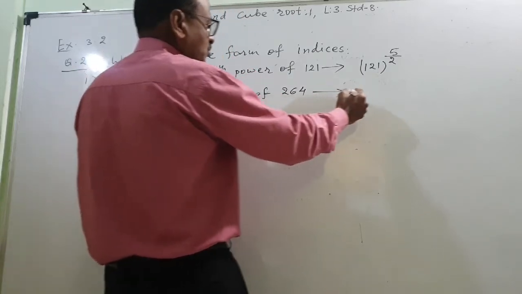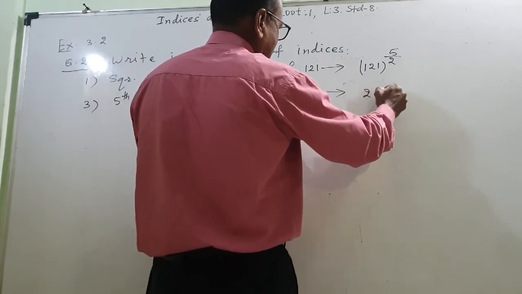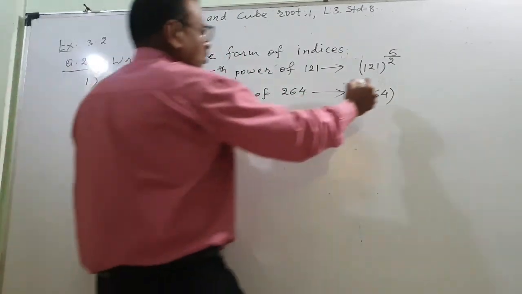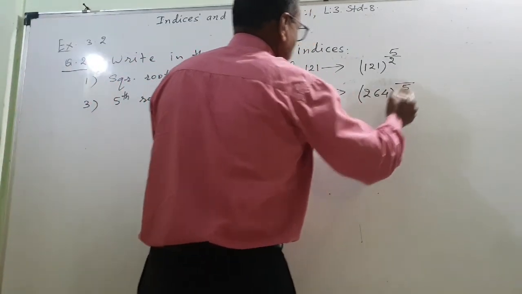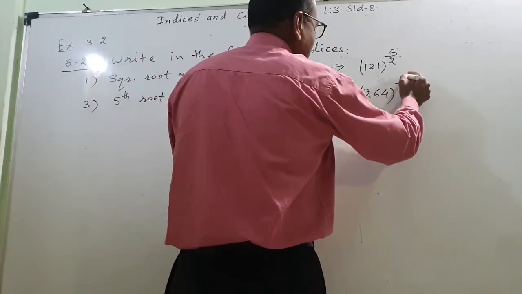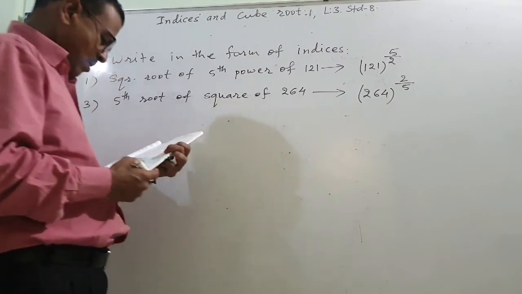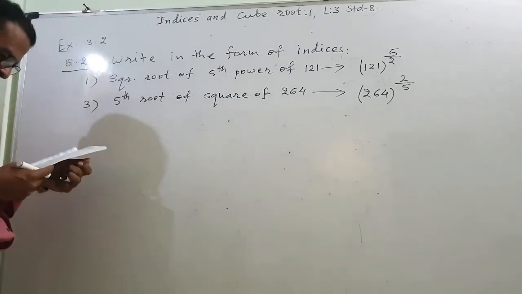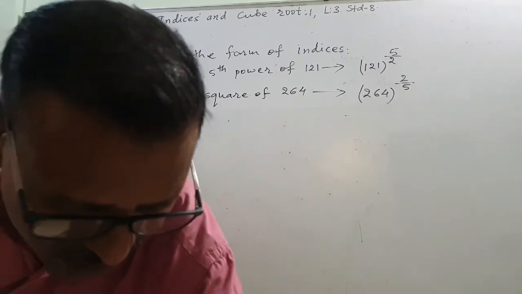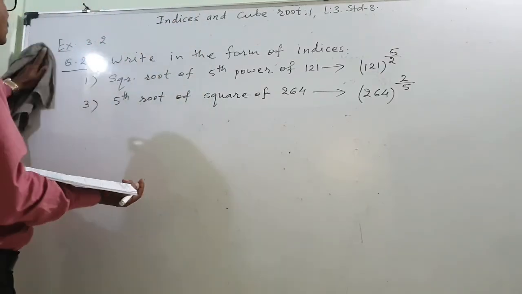So of whose 264, I will write in the bracket 264. Fifth root means here, this is fifth root, of square means here, this is the index. Hope that you have understood this and you will do this well. And the remaining questions you have to do as the homework.